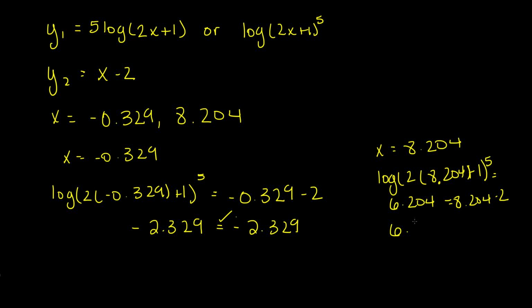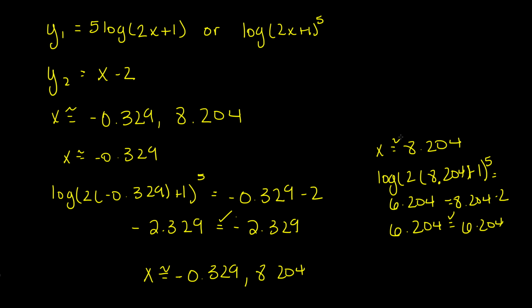So we have 6.204 does equal 6.204. So my solutions here, and again, these are approximate because we did read them off the graph, and there are a couple more decimal places that go with this, but we're going out 3 decimal places. So we do have those 2 values for my solution.